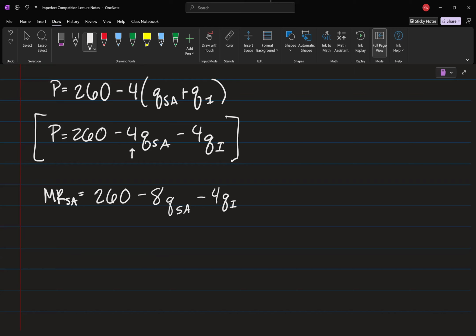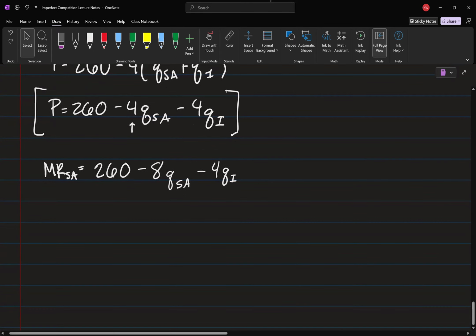You can see we only doubled the coefficient modifying Saudi Arabia's output variable.